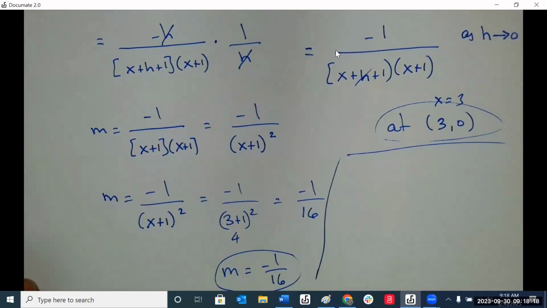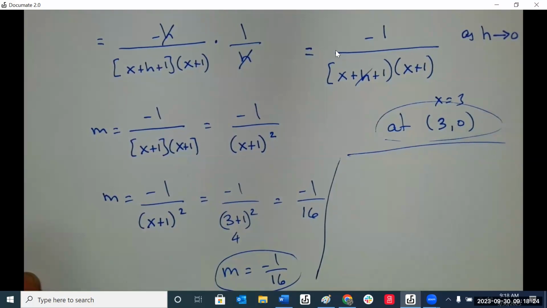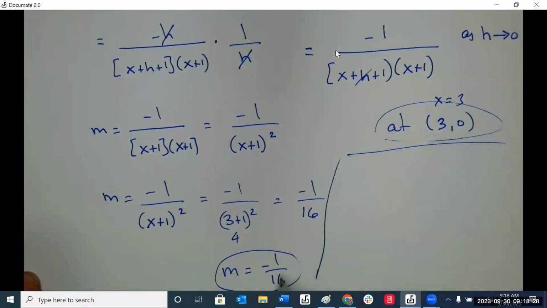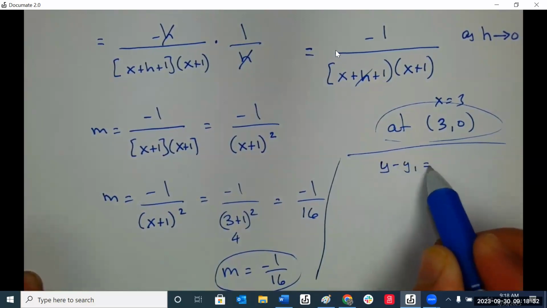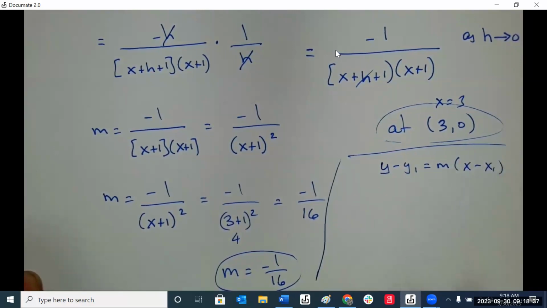Let's find the equation of the line tangent to the curve at that point. We have a point. We have a slope. Plug it inside here.